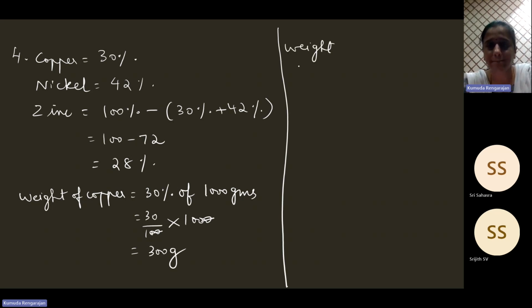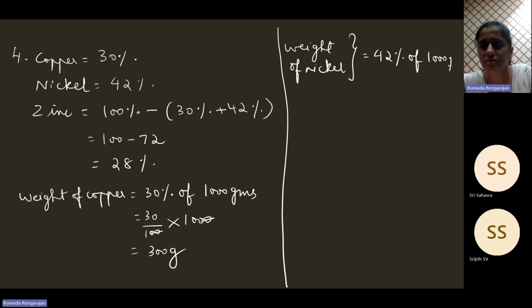Similarly, how do we find the weight of nickel? Weight of nickel is equal to 42% of 1000 grams, which equals 42 by 100 into 1000. 0 cancels. 420 grams. Very good.